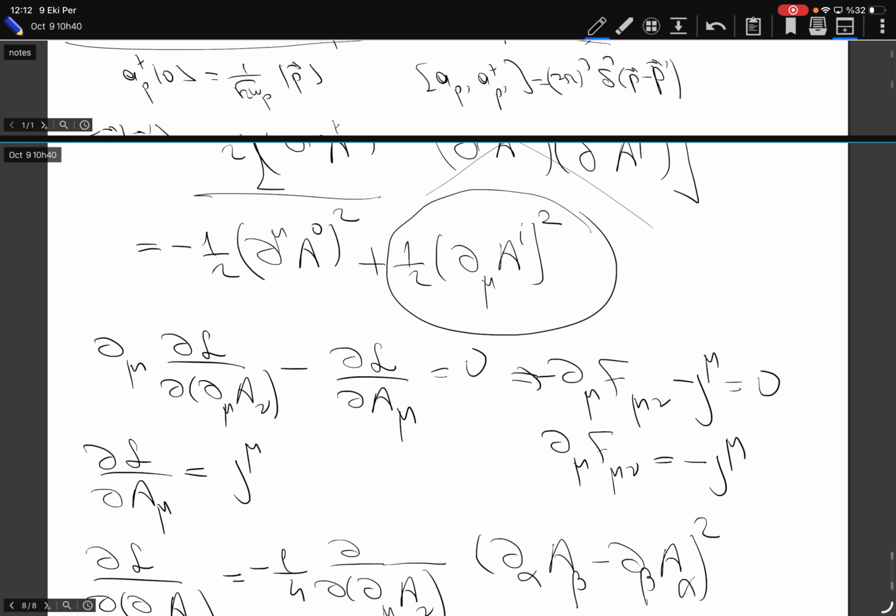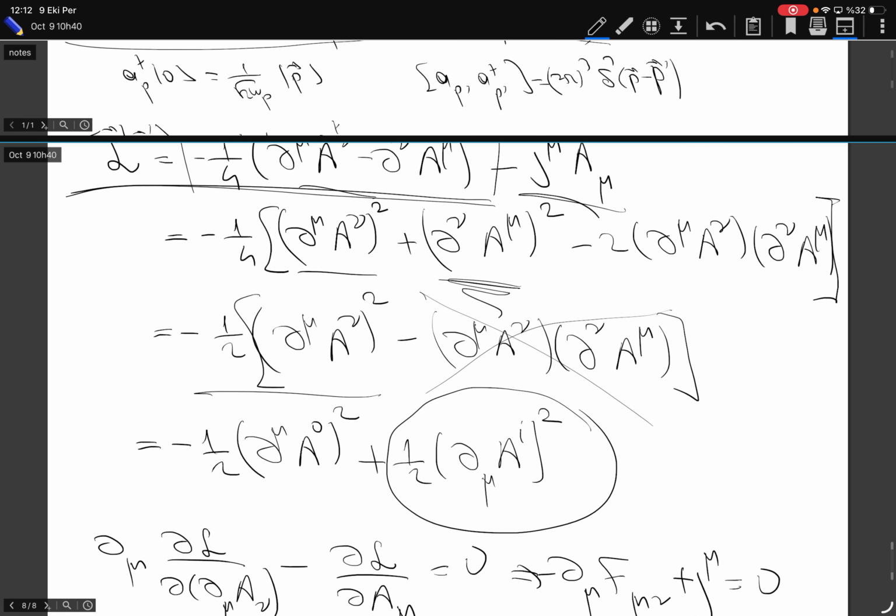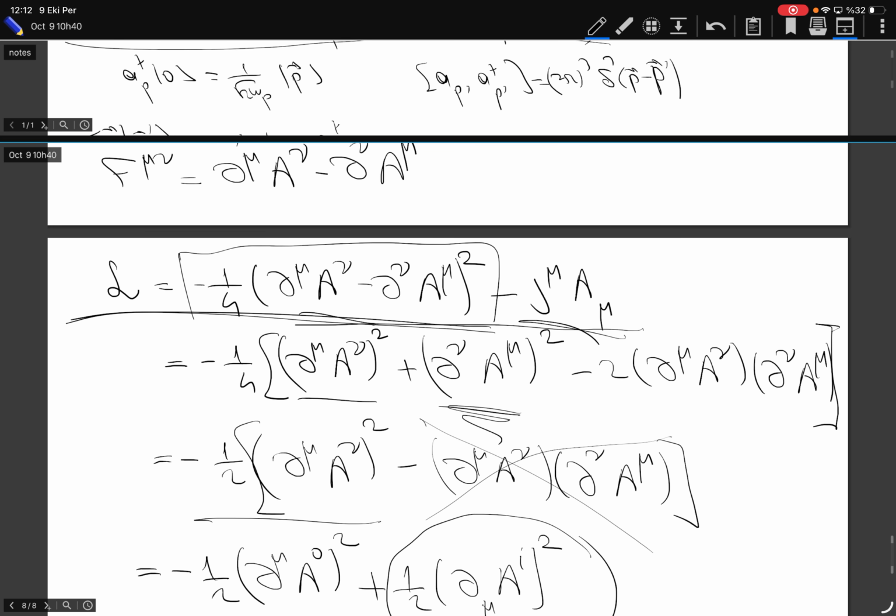This is minus, so this becomes minus, this is plus, this is plus. Well, if J mu is the electric current, this is nothing but two of the Maxwell's equations. So I recover the Maxwell's equations starting from this Lagrangian.